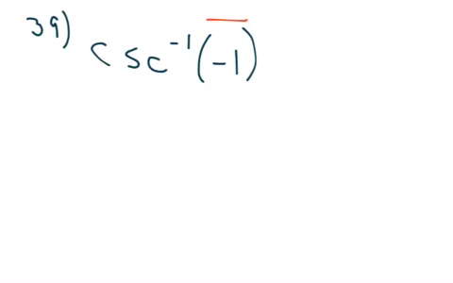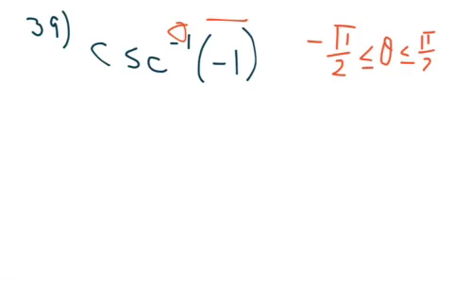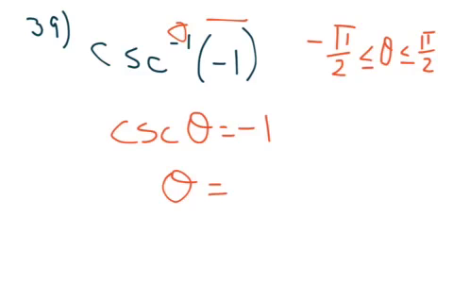And we have on 39, we know that since we're doing the inverse, we have a restriction, which means theta's in between negative pi over 2 and pi over 2. So we're seeking cosecant of theta equals negative 1, and that means theta equals negative pi over 2.